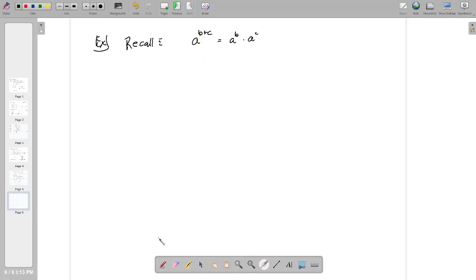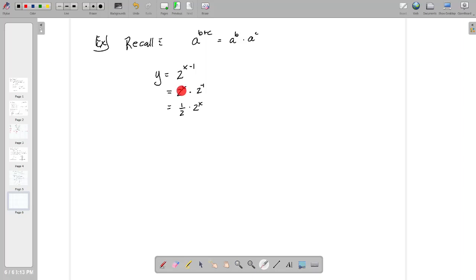So for this particular problem, let's say that we wanted to figure out what the shift would be here. So let's say that we have y equals 2 to the x minus 1. Right? Well, what's happening? Well, if we break this up using this property, we would end up with 2 to the x times 2 to the negative 1, which is equal to 1/2 times 2 to the x.